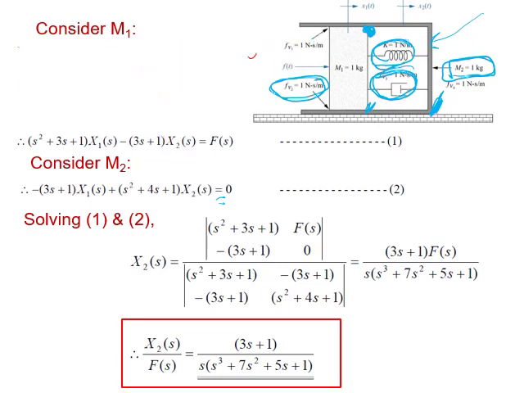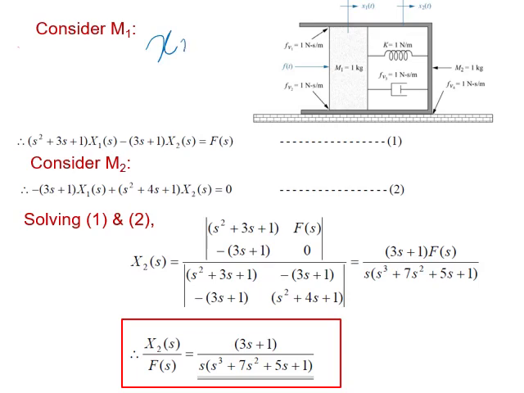Once I put the equation, I will solve it for the value I want. What do I mean by the value I want? In the question, it says find the transfer function X2 over F. So in this case, I will evaluate X2 out of these two equations by using Cramer's rule.